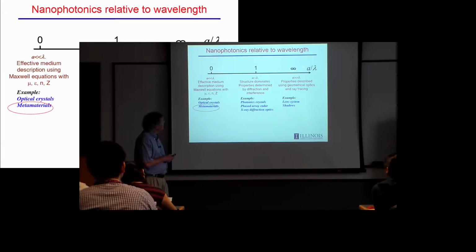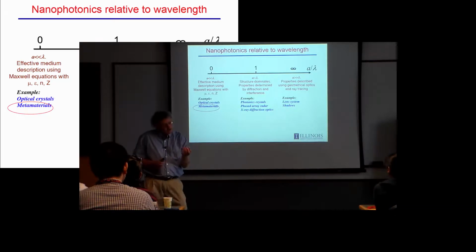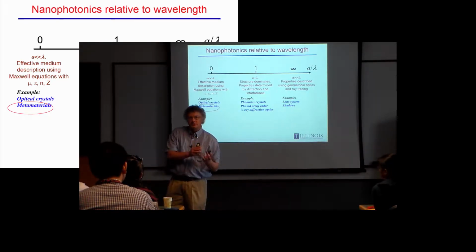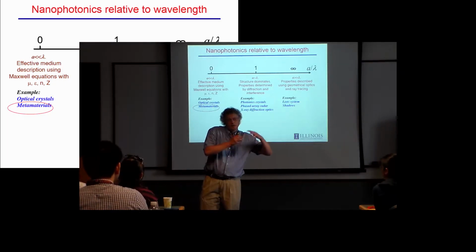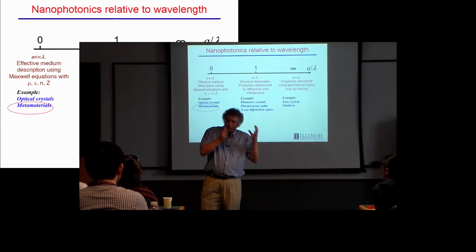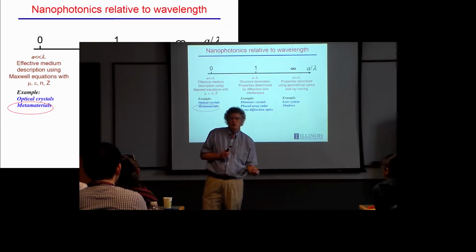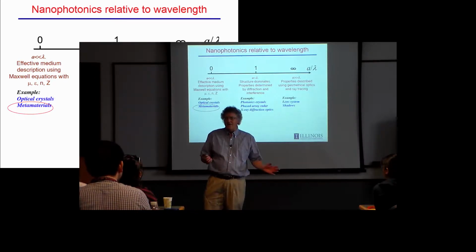So when the wavelength is really, really big relative to the length scale, this is a condition where we've taken matter and we've structured it somehow. We put in grooves. We grew layers of materials, but those thicknesses and layers or the groove size are so much smaller than the wavelength of light that all that matters is some average value.